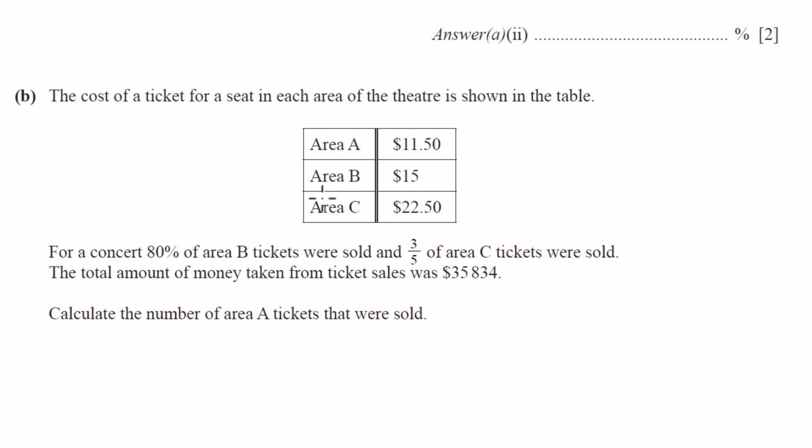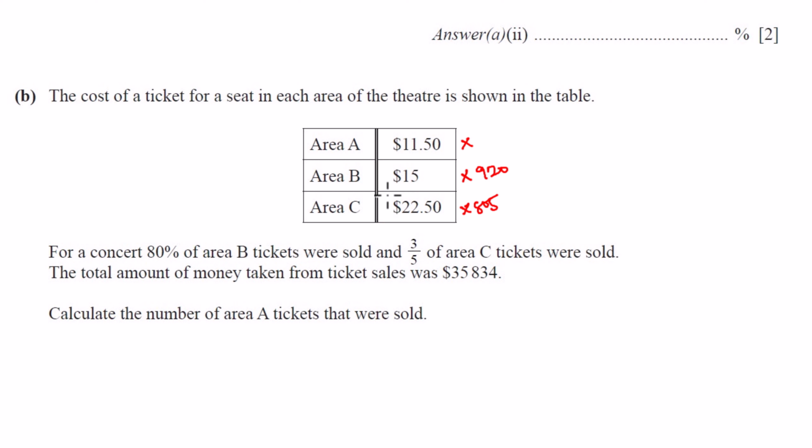In the previous question, remember that there were 805 seats for this one, so you just multiply this by 805. And for this one, there were 926. So we don't know the number of seats for A. I hope you understand this question though.